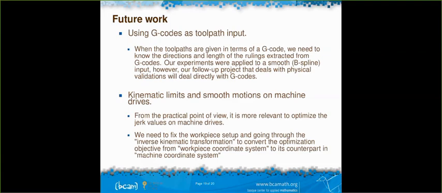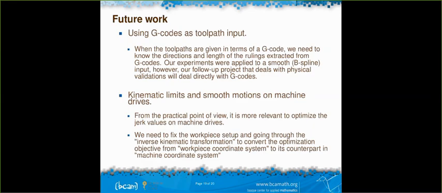And most importantly are the kinematic limits on the machine side, because what I showed in this presentation is to smooth the motion on the workpiece, on the tool path, on the tool trajectory. But more important is to do it on the machine drives. From a practical point of view, it is more relevant to optimize the jerk values on the machine drives.